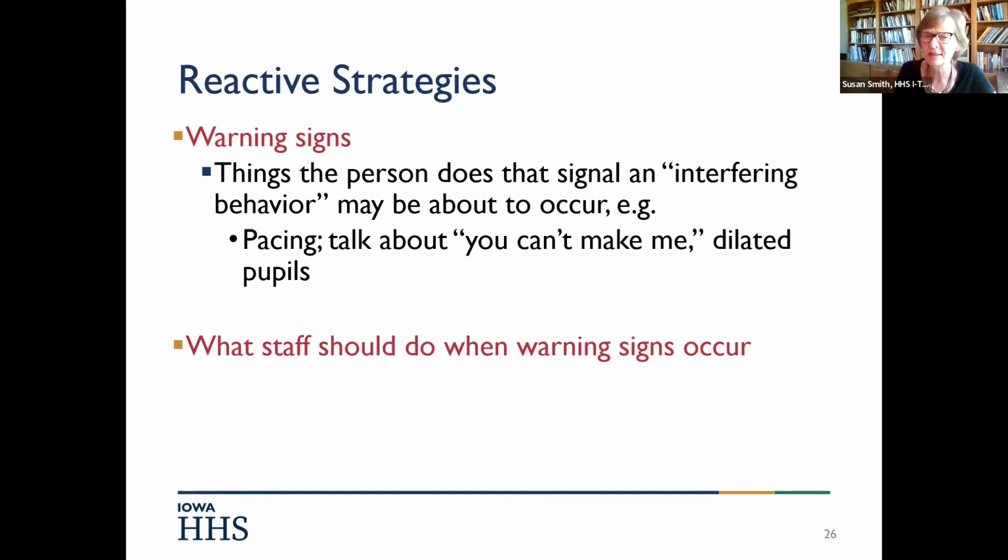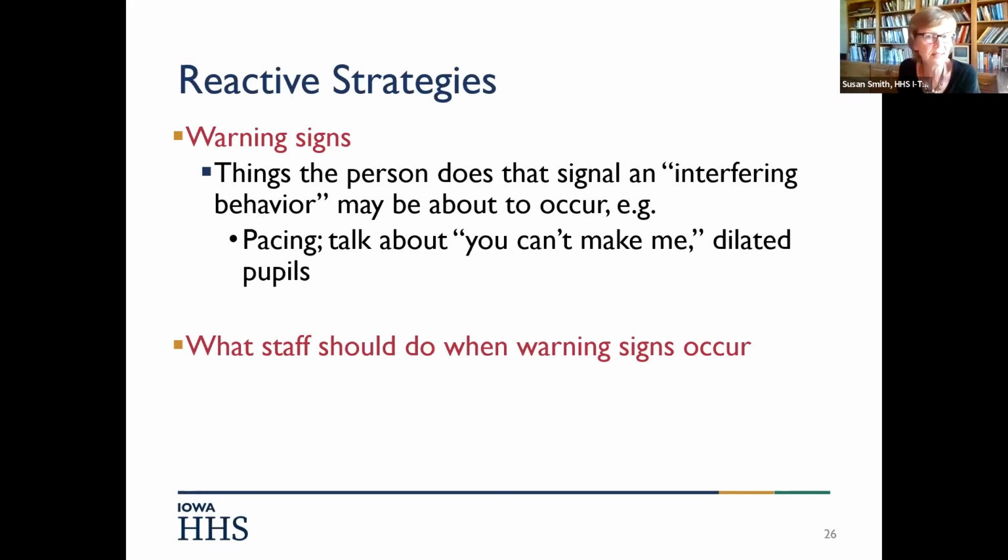I want to make a distinction here. When we had functional assessment results and we talked about antecedents, what happens before the behavior, those are typically environmental things, like the room was really noisy, or staff asked him to make his bed. An early warning sign is within the person's body.